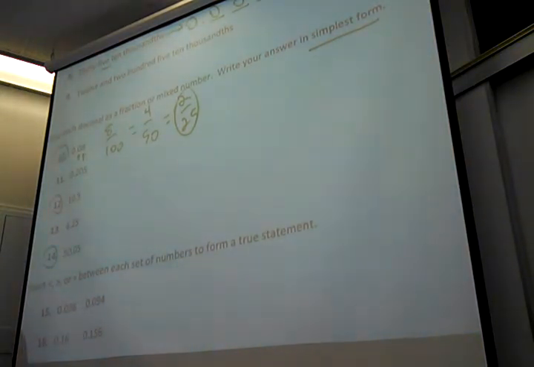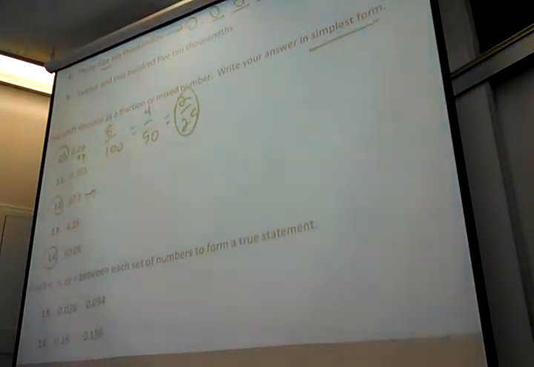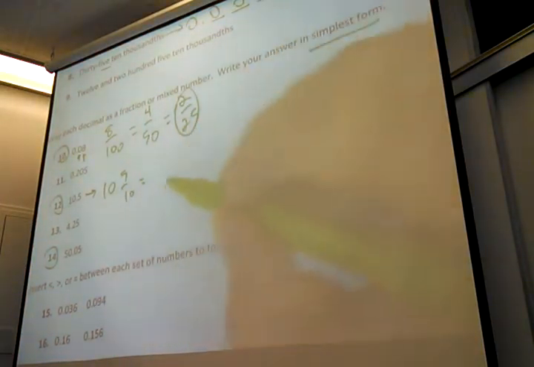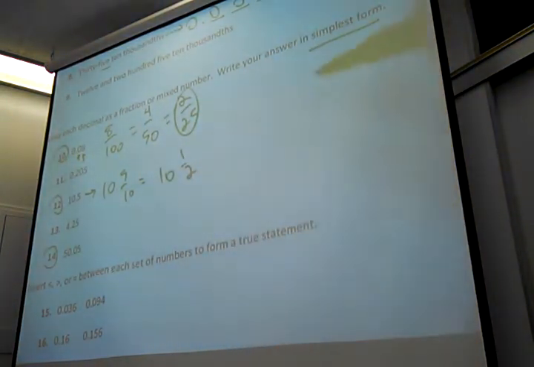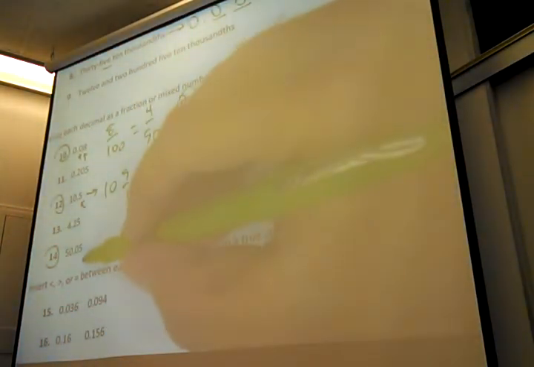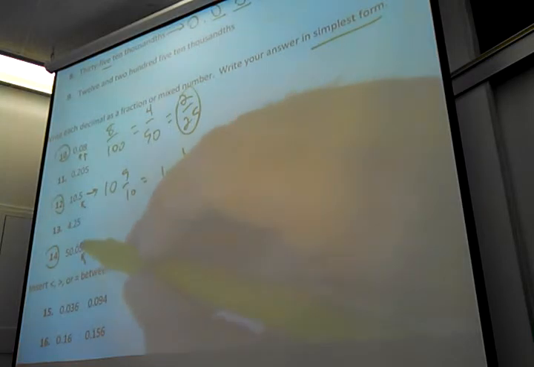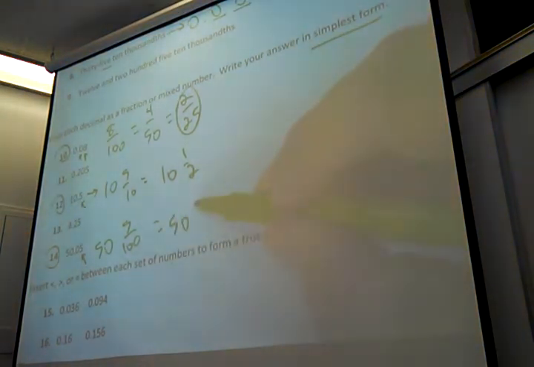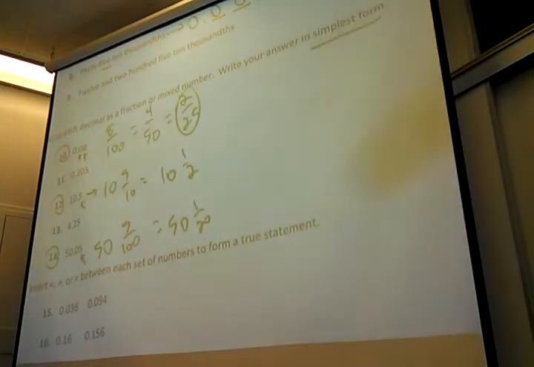What about number 12? 10.5. Yeah, 10 and 5/10, which reduces to 10 and 1/2. Is that cool? Of course, this is in the 10 spot. And the last one is in the hundredths. So it'll be 50 and 5 hundredths. And then what does that reduce to? Good, 50 and 1/20th. I like it.